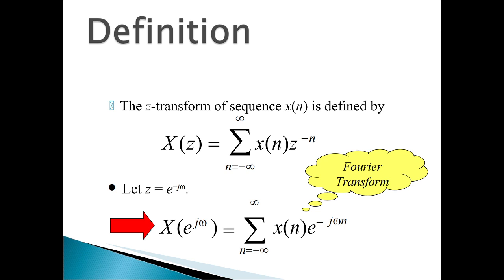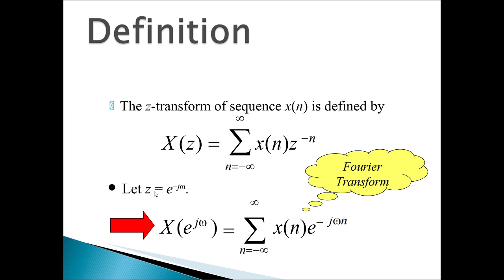X of s is equal to integral minus infinity to plus infinity x of t into e to the power of minus st dt. Here instead of the integral we use the sigma, because it is a summation of the values at some discrete or specific instants of time.